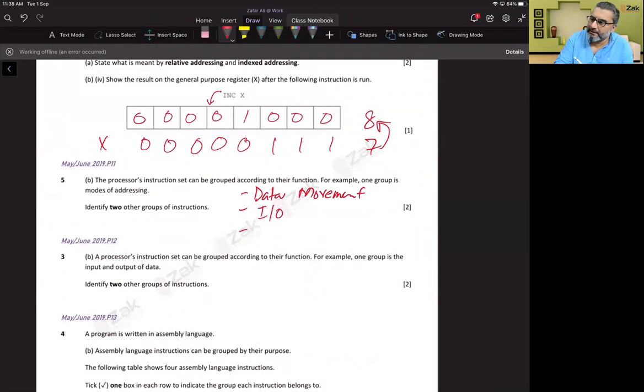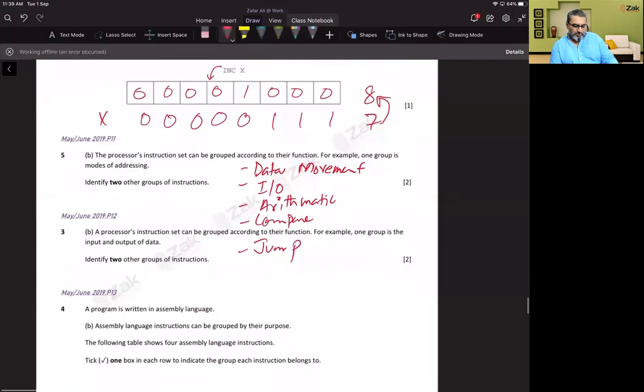Then we have the arithmetic operations group. Then we have the comparison group, and then we have the jump group. A processor instruction set can be grouped according to their function.